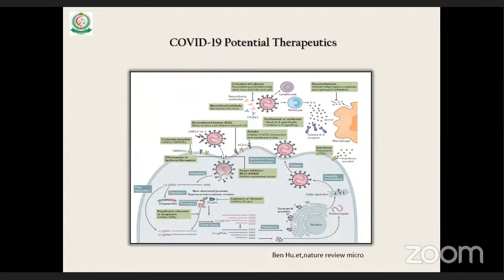The different potential agents work in different ways. Some of them prevent the entry or the attachment of the virus to the angiotensin converting enzyme receptor. Some drugs act by inhibiting the replication of the virus, and others work by reducing or attenuating the host immune response.